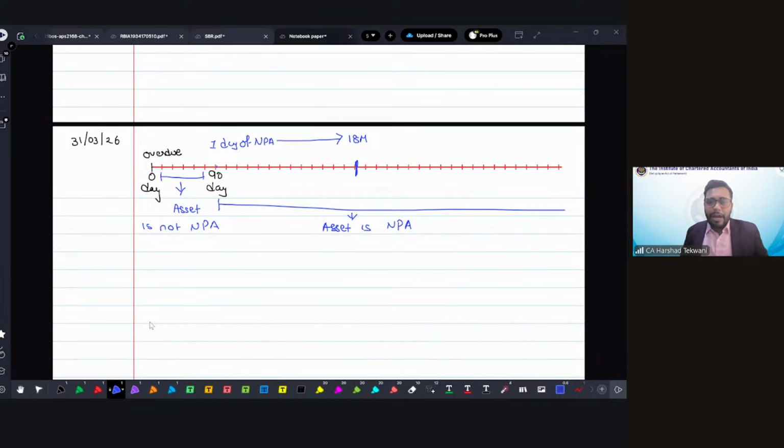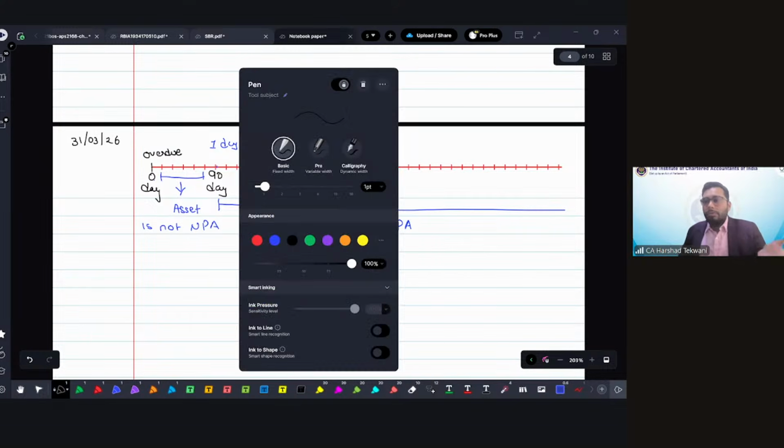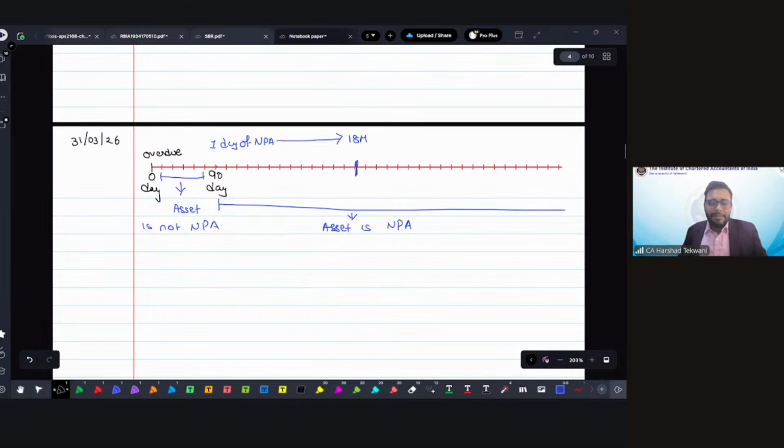If you start from day zero, it will be 3 months more, 18 plus 3, 21 months. So from the first day of becoming NPA till 18 months, this asset is substandard.